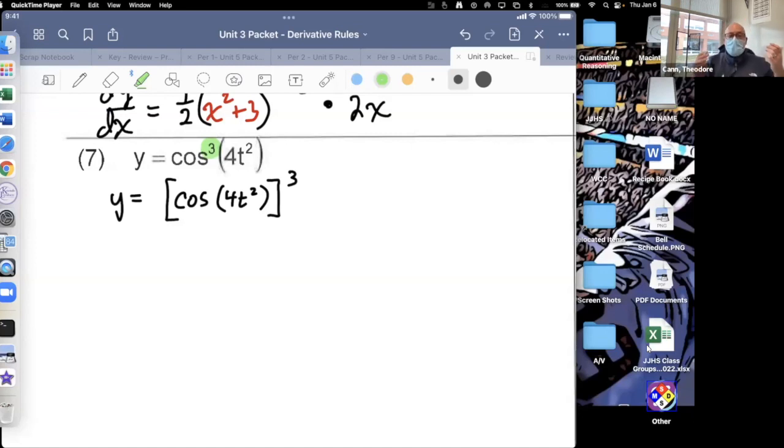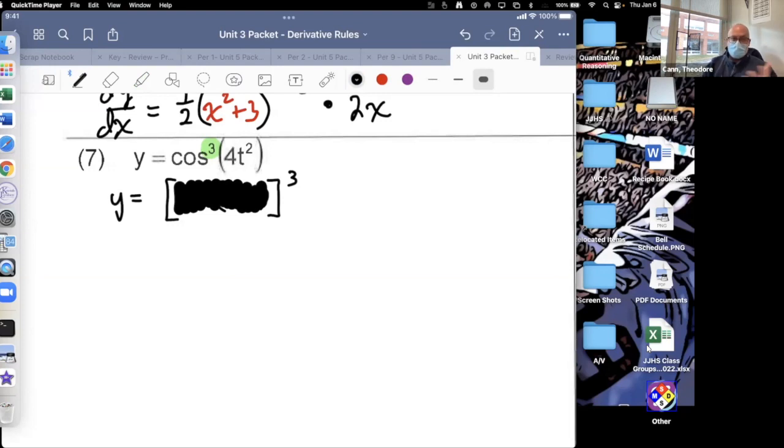But you have ultimately something being raised to the 3rd power. That something is pretty hideous. So let me blot that out there. That parent function looks like an x squared parent function. It's a power function.